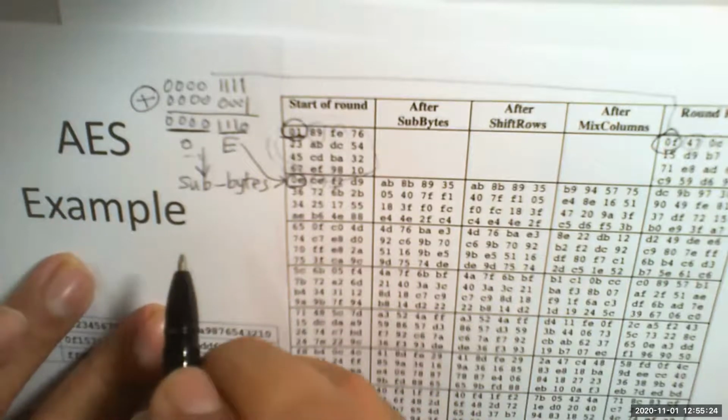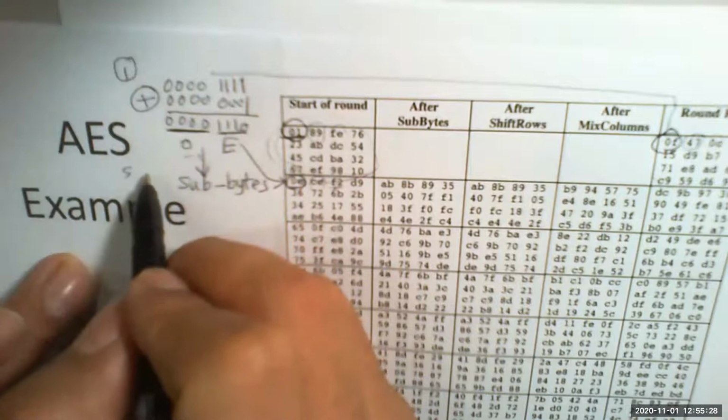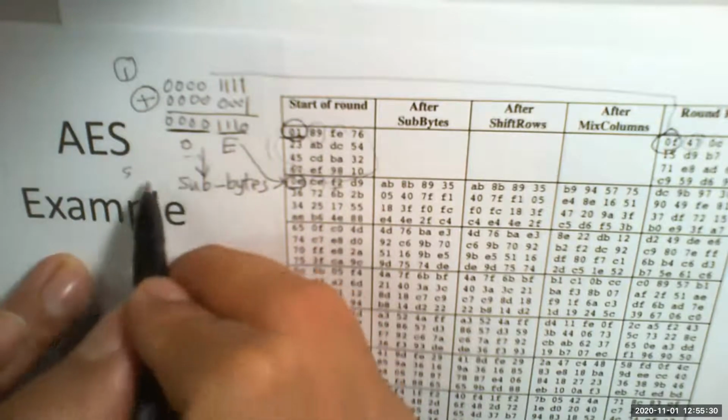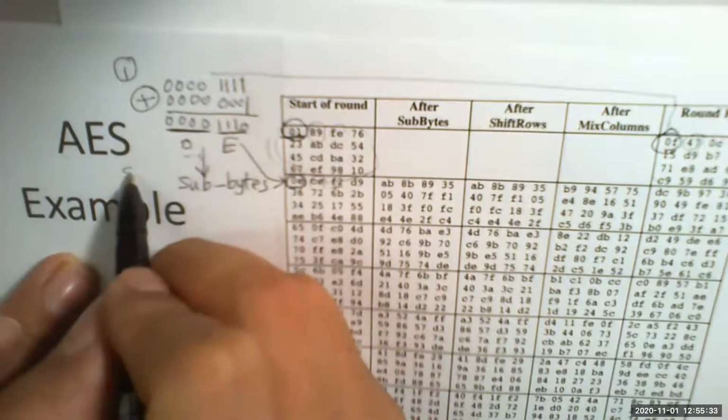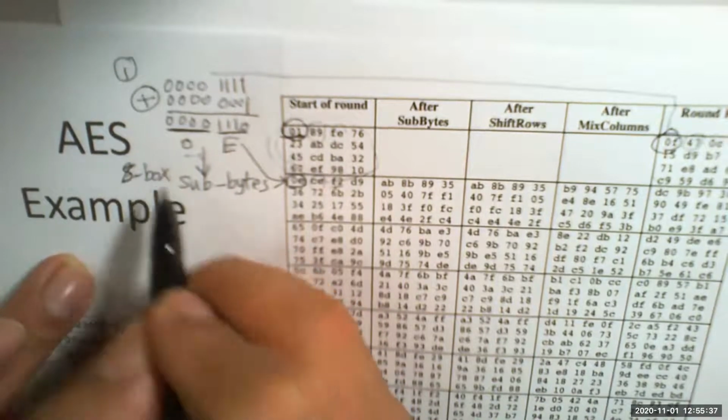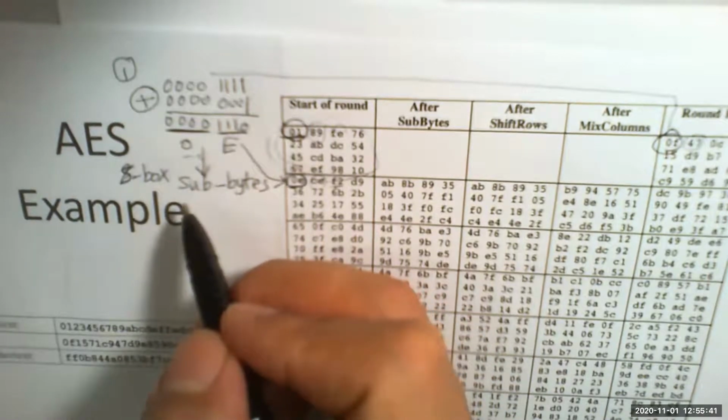Okay, sub bytes using the S-box. The first stage is add round key, and for sub bytes I take 0E and see where 0E is in the S-box. I go to the S-box and find 0E here.